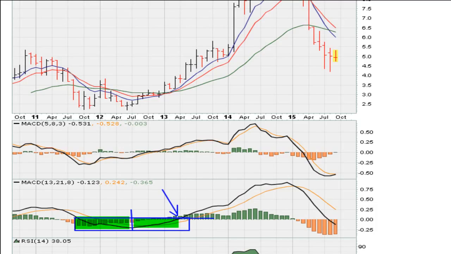That uniform activity suggests that at the time, once it moves back above the zero line here, it was a buy because it was already showing uniform activity over the last couple of months during this period here. And so you want to be looking to go long after it moves back above zero after confirming uniformity.